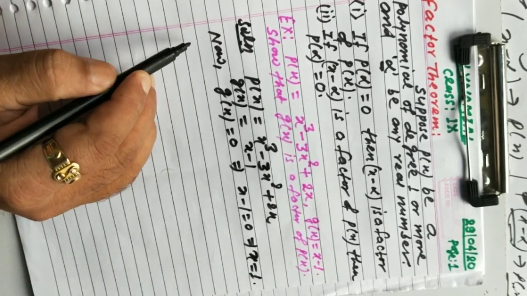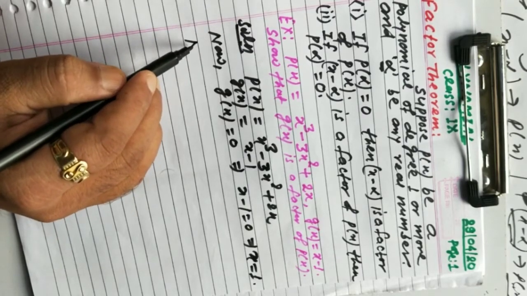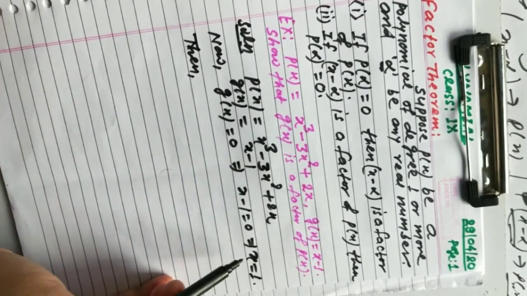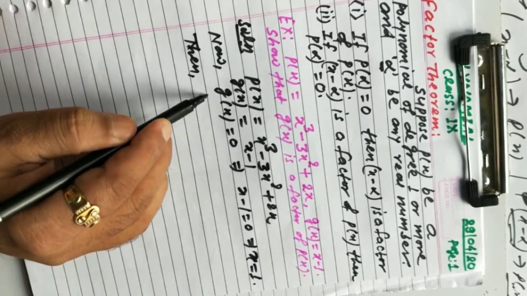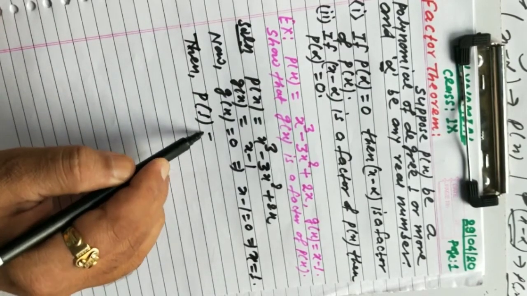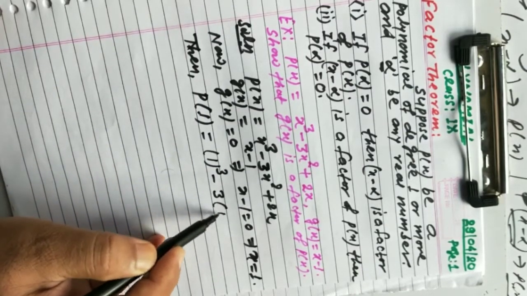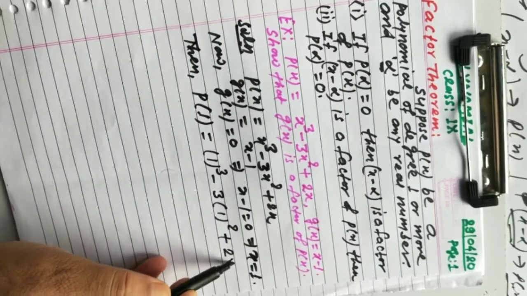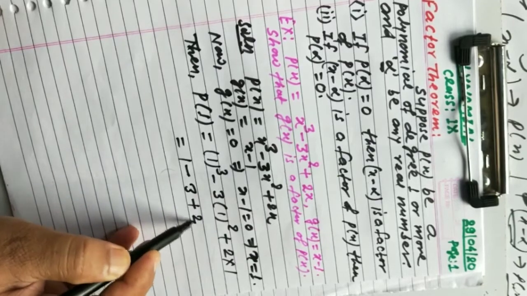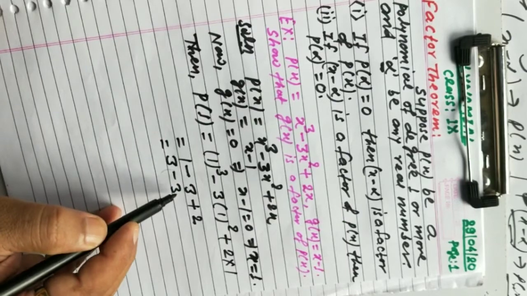Then find the value of this polynomial at x is equal to 1. P(1) is equal to 1 cube minus 3 into 1 square plus 2 into 1. That is, it will be 1 minus 3 plus 2. That is, 1 plus 2 will be 3 minus 3.